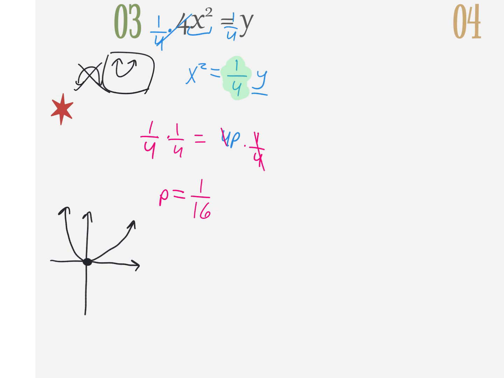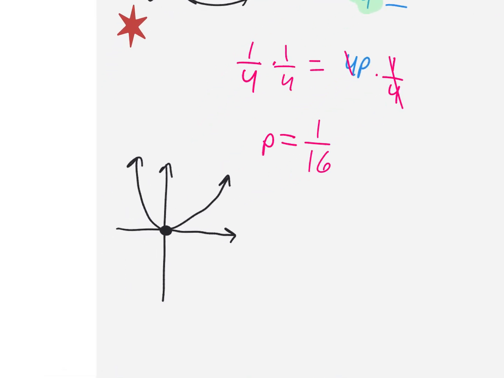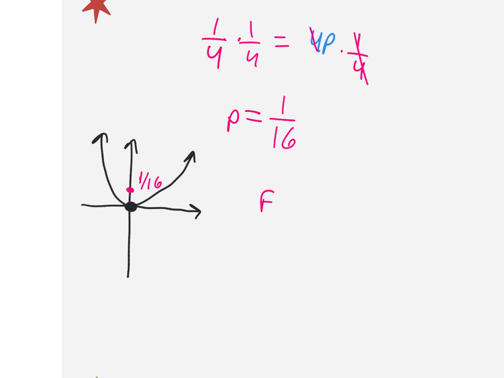So 1/16 of a unit, and remember, our parabola is facing our focus, so 1/16 of a unit can go somewhere inside right here. I'm just making up this graph. It doesn't need to be super close to the vertex as long as you label it. So that's 1/16 of a unit up. That means our focus as an ordered pair is going to be 0, 1/16.